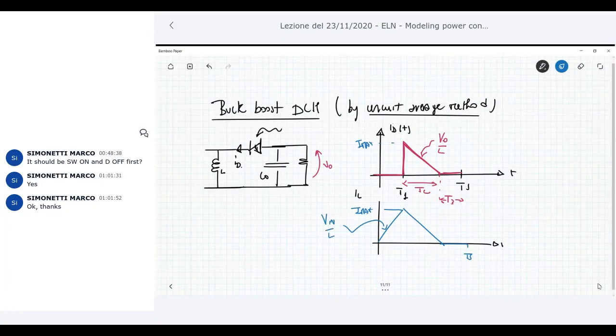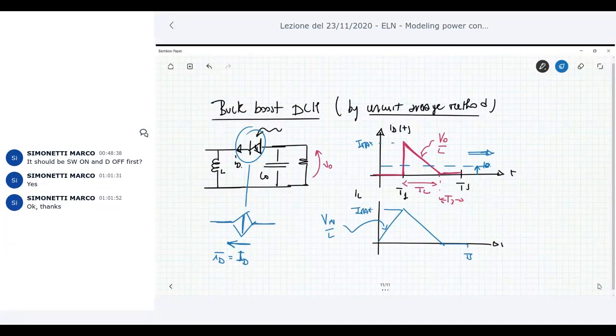So the idea is that in place of this current flowing through TS, I can use an average quantity, and when I find this average quantity, I can replace the diode here with a current source that impresses a current which is exactly the average current.